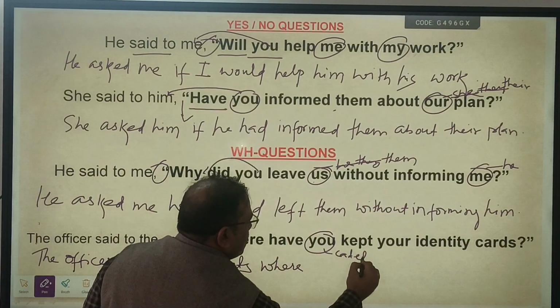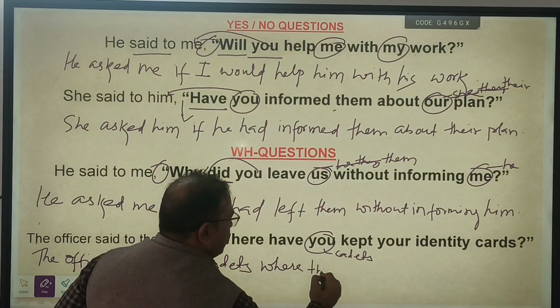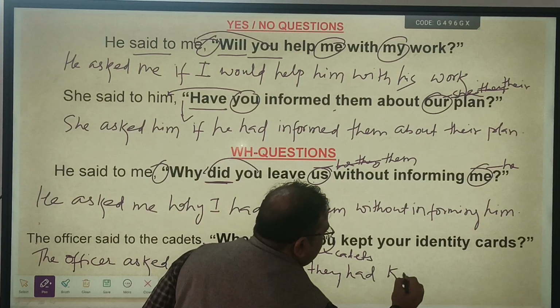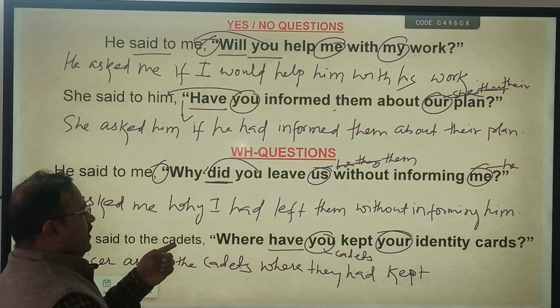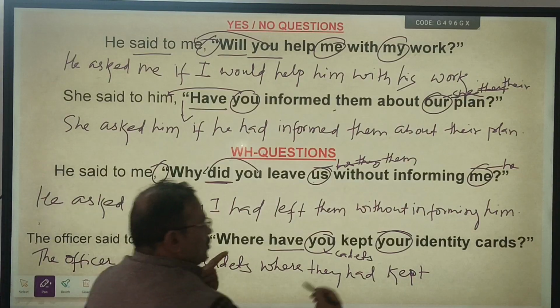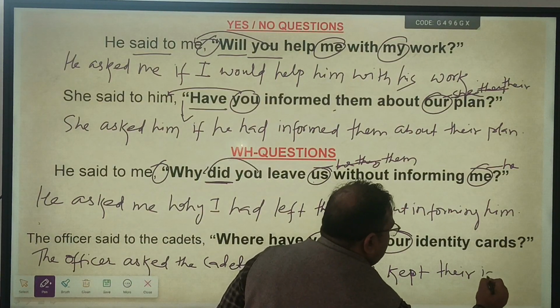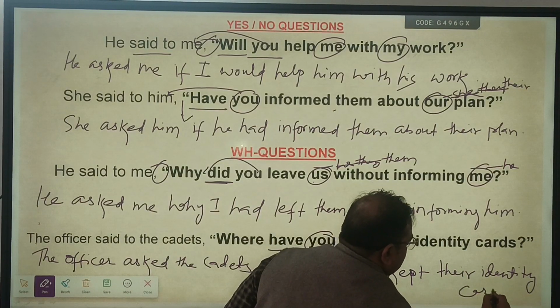Cadets, what? Plural. So can we write "they have" will change into "had kept." "Your" will be changed by what? Object. So can we write possessive case "their identity cards."